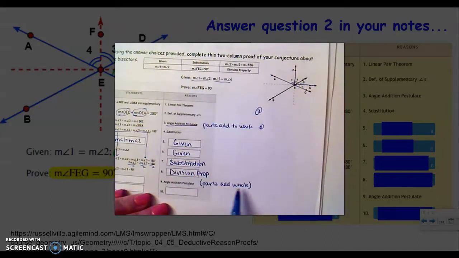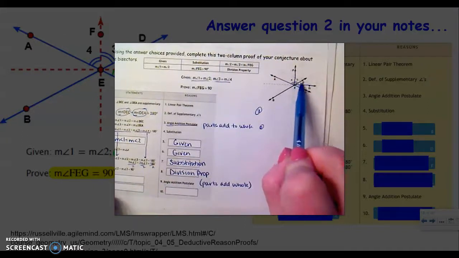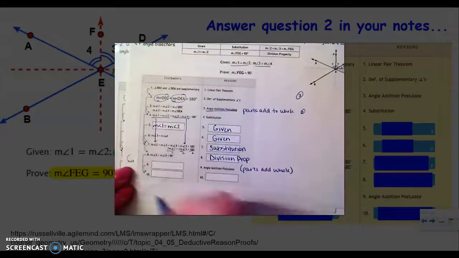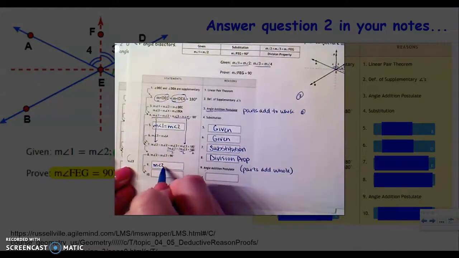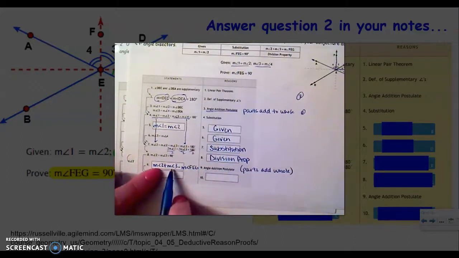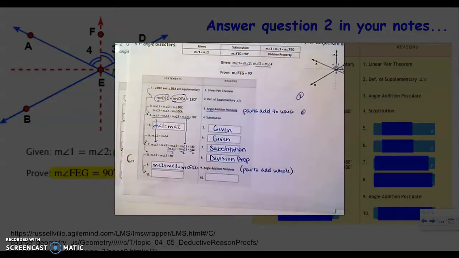So parts adding to the whole, we're wanting to put that it takes angles 2 and 3 together to make the whole angle FEG. So our statement on number 9 should be the measure of angle 2 plus the measure of angle 3 equals the whole thing, the measure of angle FEG. These parts add to get that whole.